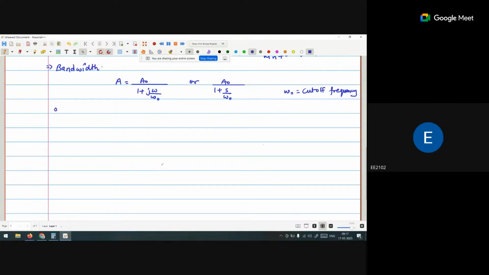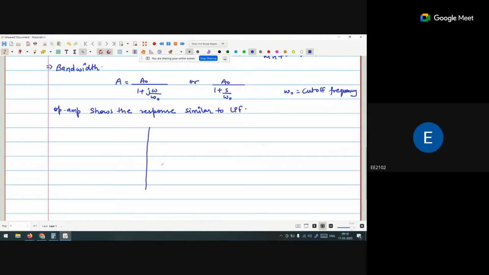Now, op-amp only shows the response similar to LPF.